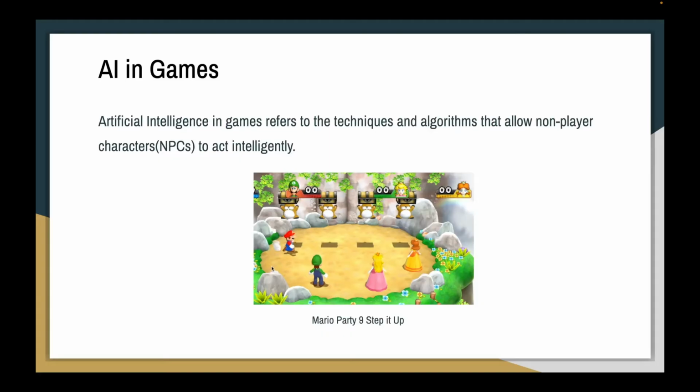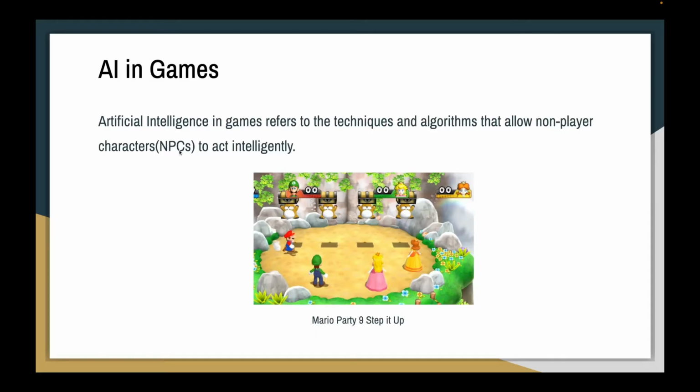First of all, we need to understand what is AI in games. Artificial intelligence in games refers to the technique and algorithms that allow non-player characters, that is called as NPCs, to act intelligently. So what is NPCs?